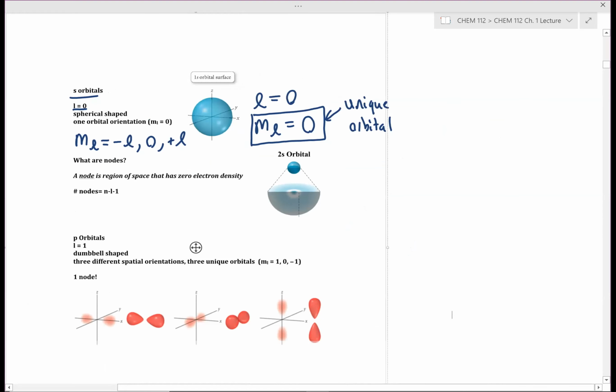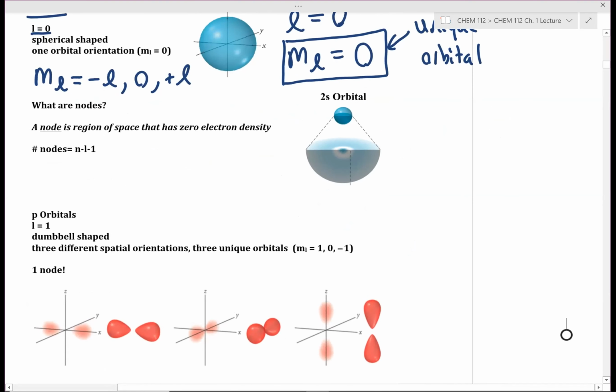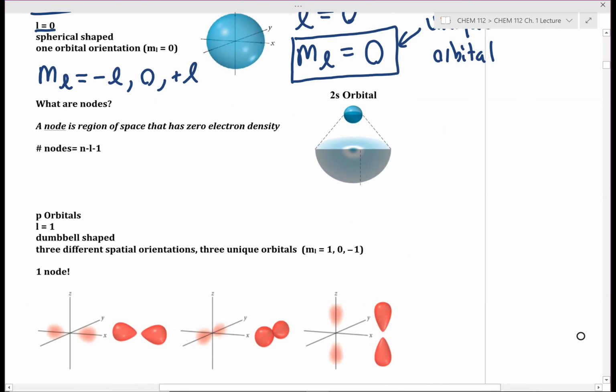So we're next going to have to discuss a unique behavior that occurs when we move further down the periodic table and our principal quantum number increases. A node begins to appear. As we look at the 2s orbital, we see the appearance of a region of space with no electron density.